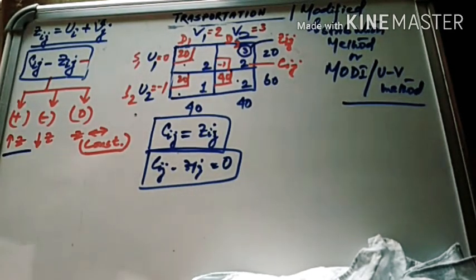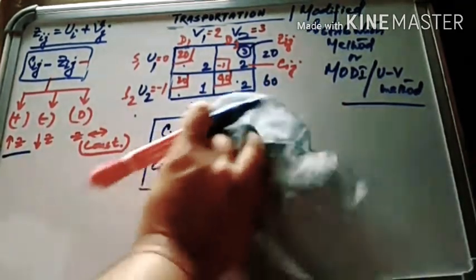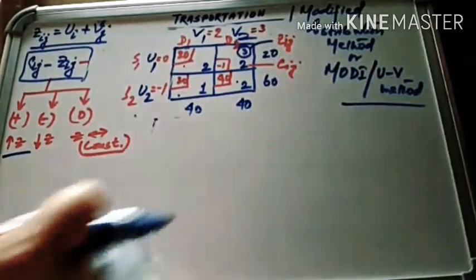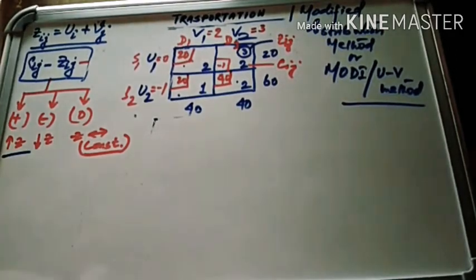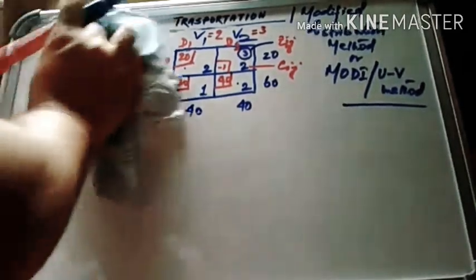In order to do that, we can already decide that this table is not optimal, so we will have to make a new optimal table. To construct that, we have to make a new table.